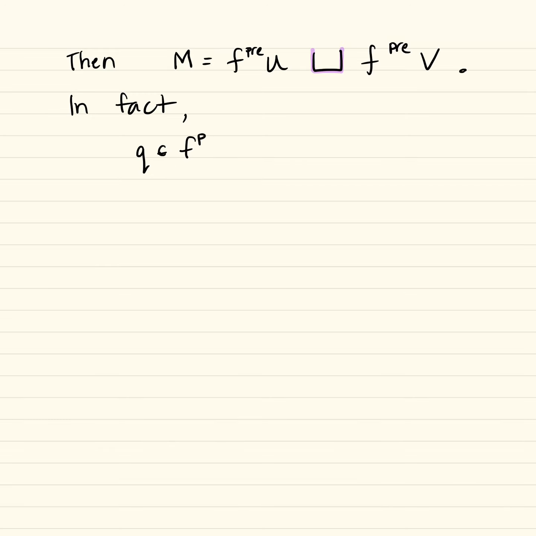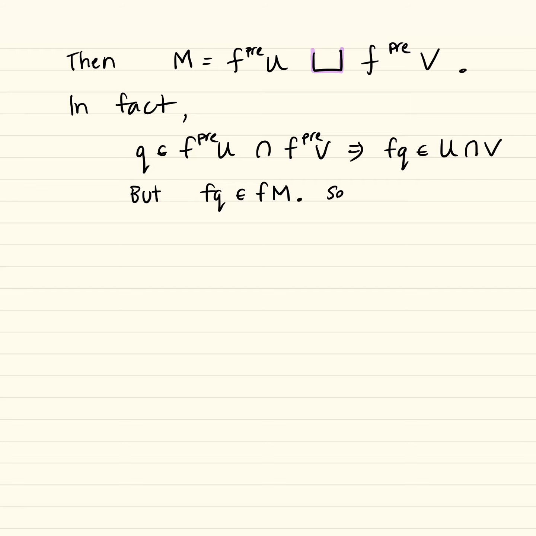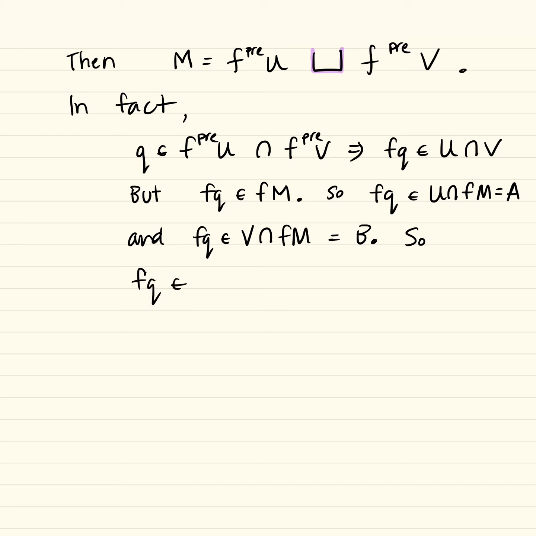Q belonging to f pre U intersect f pre V would imply that f of Q belongs to U and V, but f of Q would also belong to f of M. So f of Q would belong to U intersect f of M, which is A, and f of Q belongs to V intersect f of M, which is B. So f of Q would belong to A intersect B. We get a contradiction because A and B are disjoint.